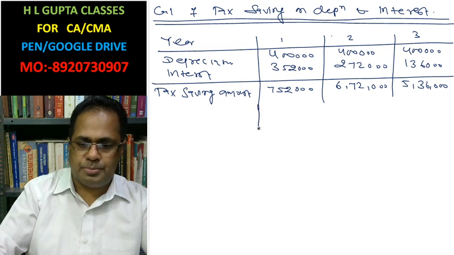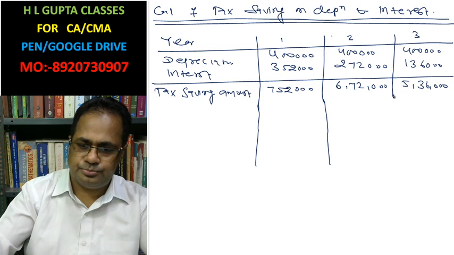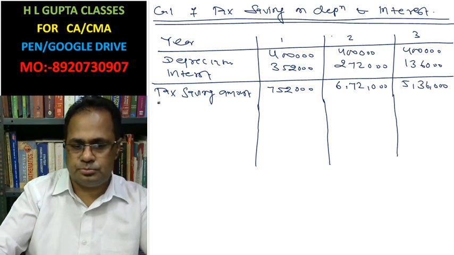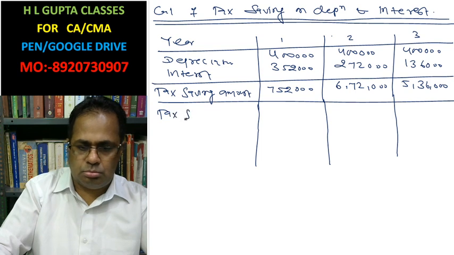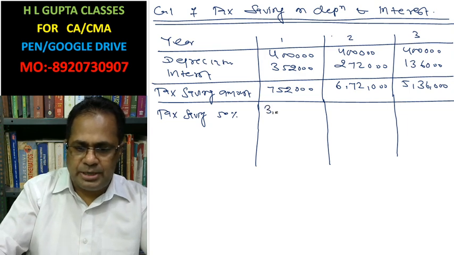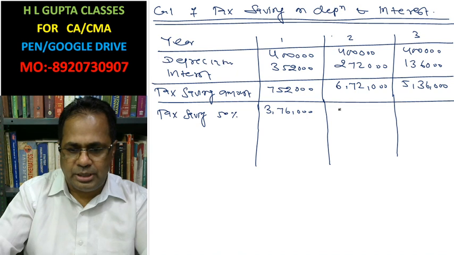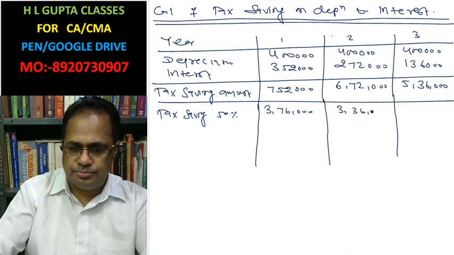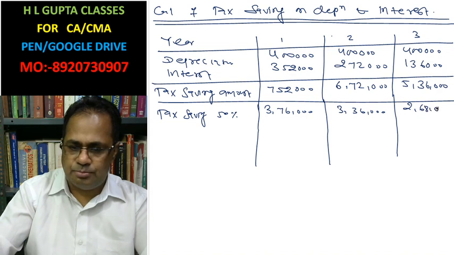Now, after this you calculate tax saving at the tax rate percent. That is 3,76,000, 3,36,000, 2,68,000.